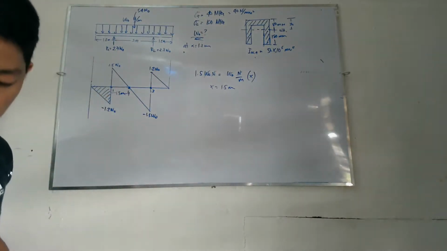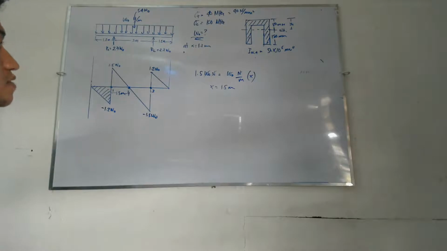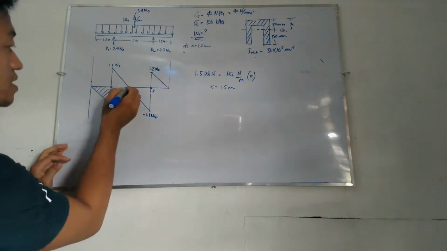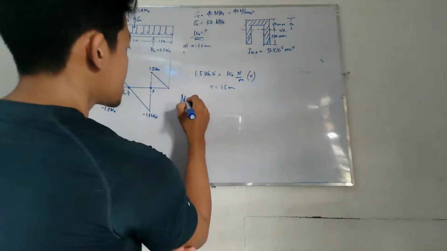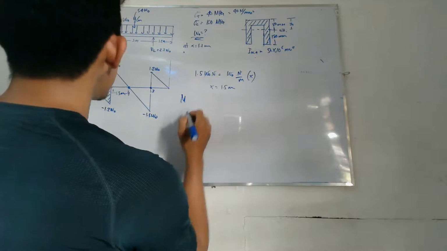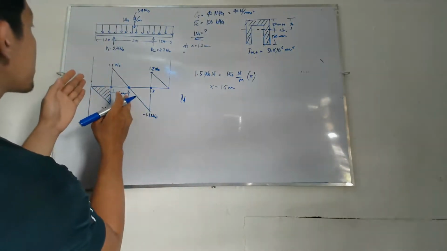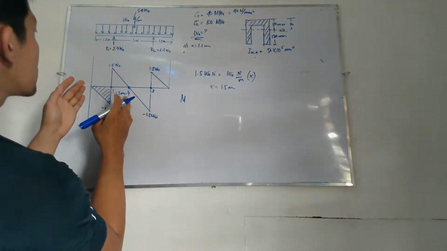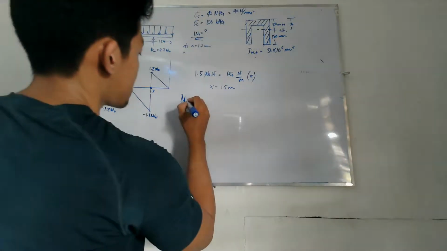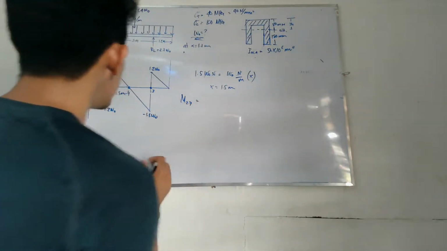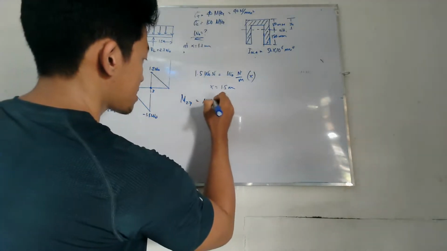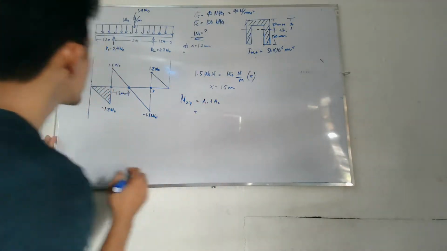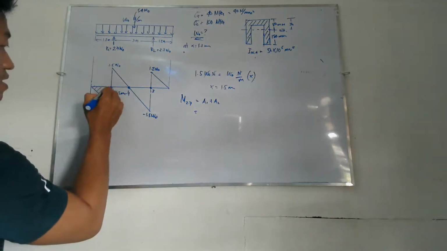Okay. So, the question is, unsa ang moment dire? Ang moment dire is moment at 1.5 plus 1.2, 2.7. Moment at 2.7 is area 1 plus area 2, A1, A2.